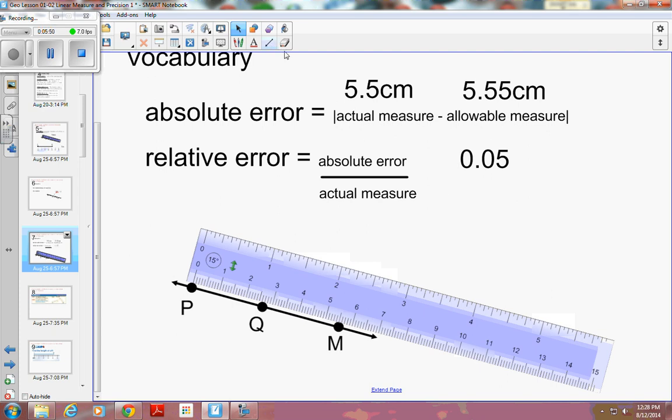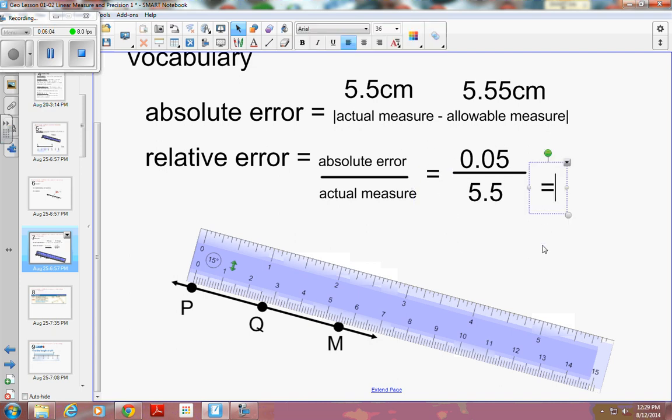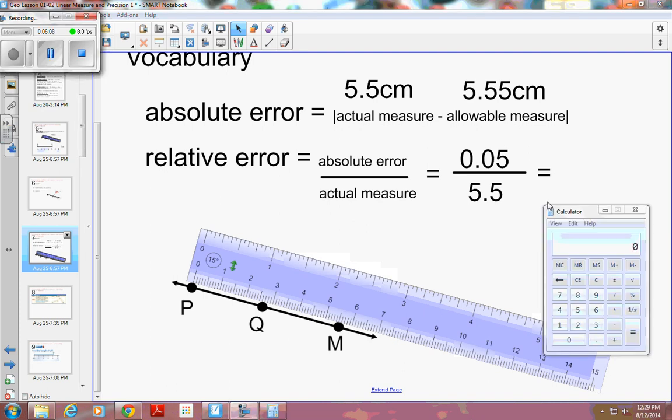And then I would have my line. And the actual measurement, I said the actual measurement was 5.5. And that would be equal here, and another equal sign here. And then you grab your calculator. Okay, and so I'm going to take my 0.05, and fraction lines mean divide.